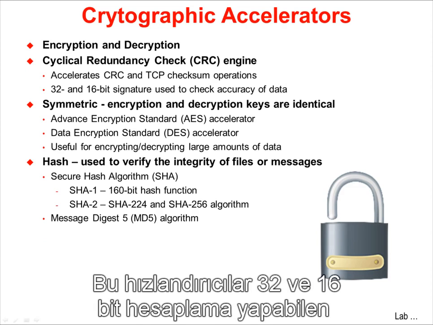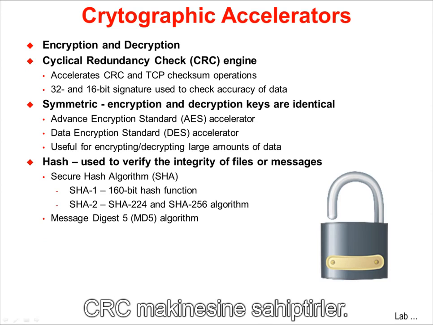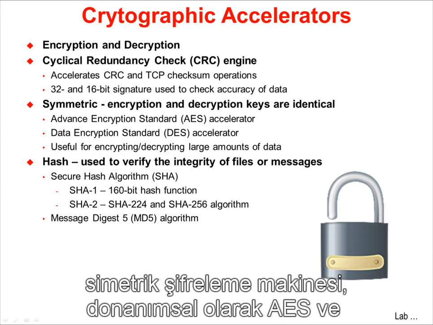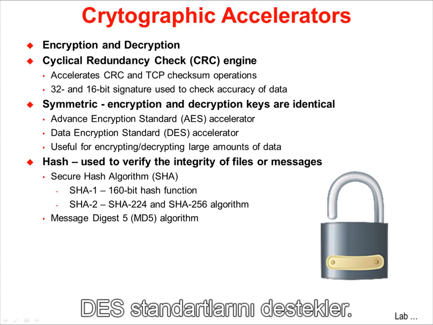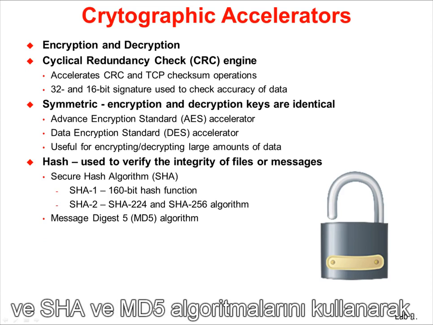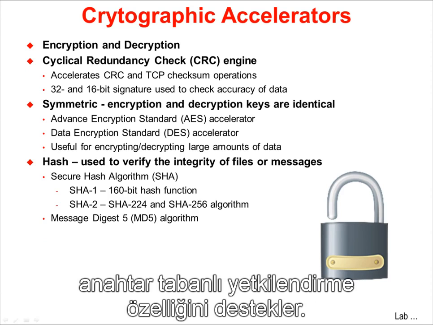These accelerators include a CRC engine supporting both 32 and 16-bit calculations, a symmetric encryption engine supporting both AES or DES standard in hardware, and a hash-based authentication capability using SHA and MD5 algorithms.